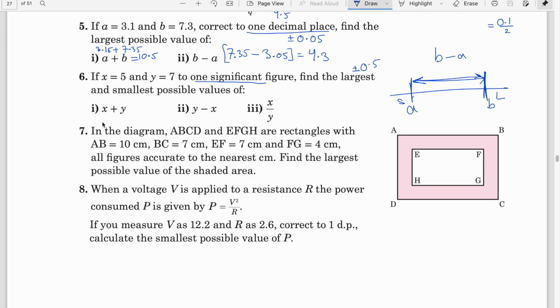So smallest possible value of x plus y. Smallest value of x, what should I write? No, Ali.